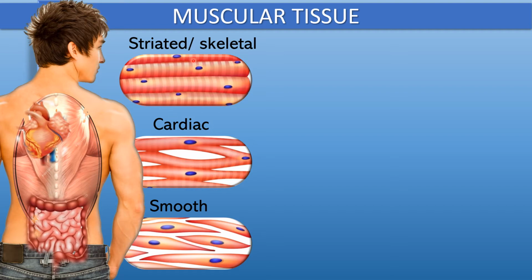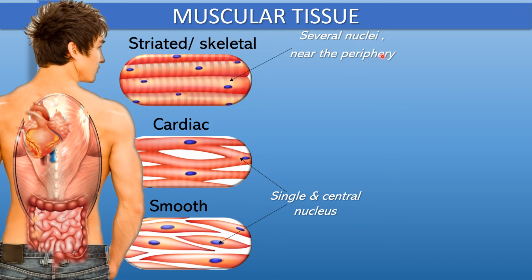Besides that, you can see the nucleus in the striated or skeletal muscle is many. And all these nuclei are pushed to the periphery. Periphery meaning to the side of the cell. Cardiac muscles and smooth muscles have only one nucleus per cell, and they are positioned at the center of the cell.